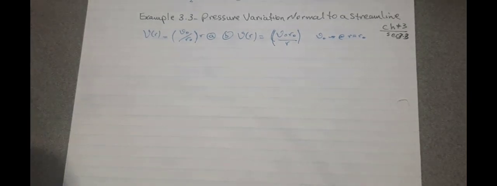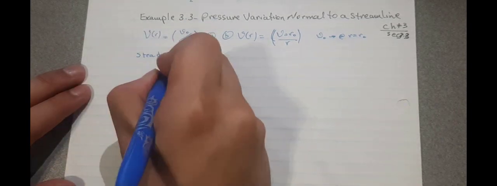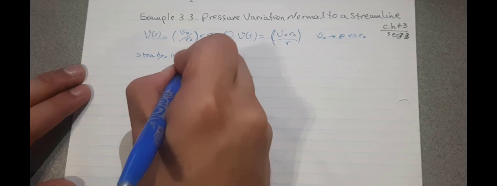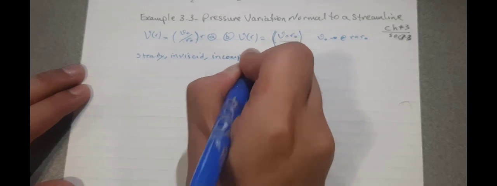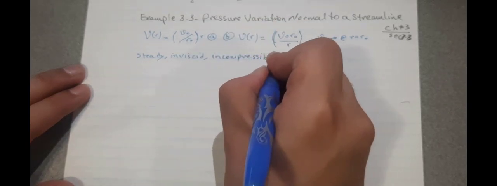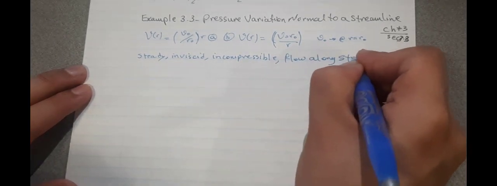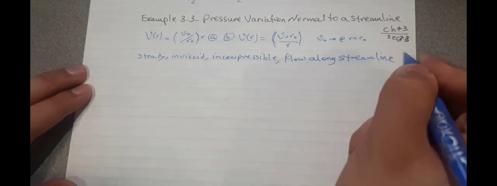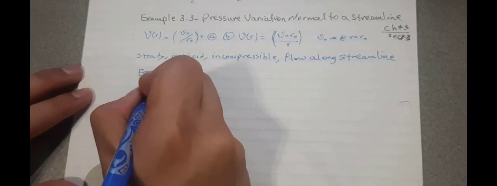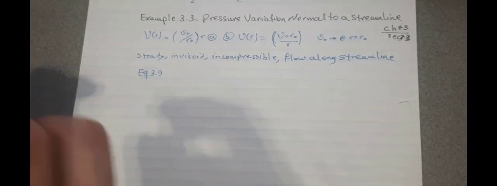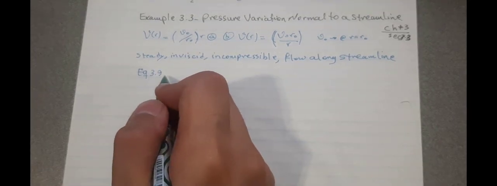As you know, we are analyzing steady, inviscid, incompressible flow along a streamline. So we shall be taking Equation 3.9, the Bernoulli equation across a streamline.